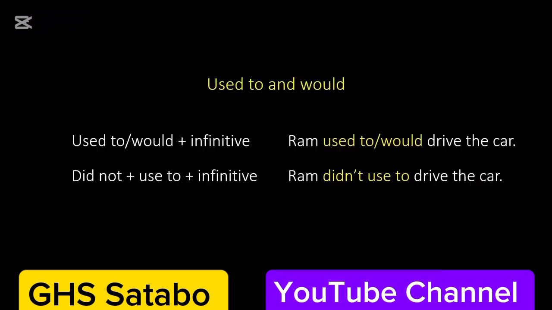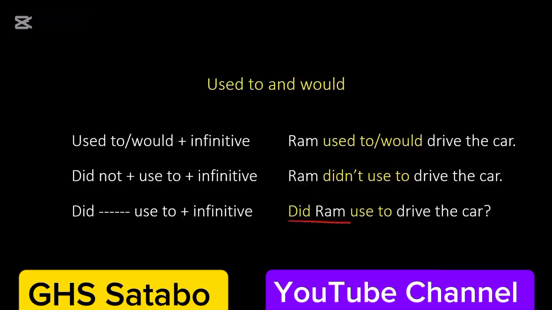As I said, whenever you have did, used to will also become use to. It will not have D form anymore. A question: did Ram use to drive the car? Please notice this. If I say did, I will say use to. If I do not have did, I will say used to or would.